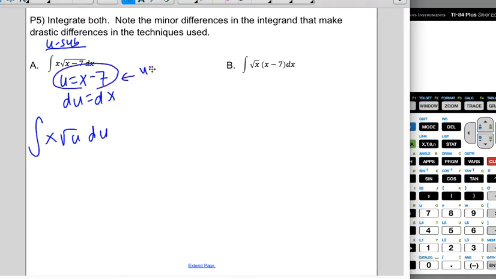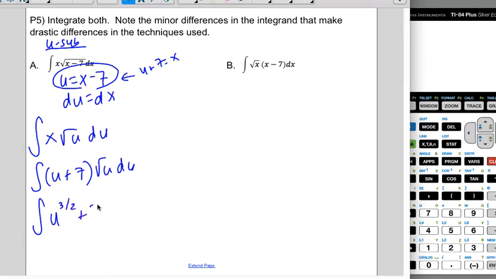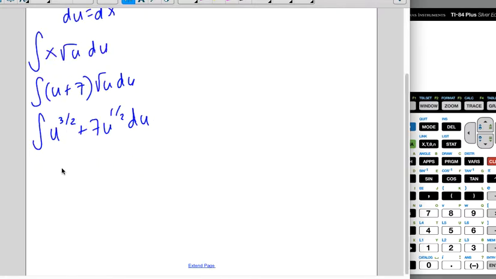I'm going to solve and get u plus 7 is my x, and I'm going to have to replace this with a u plus 7. Notice that now I'm able to distribute this, and I'm going to get that this is a u to the 3 halves plus a 7u to the 1 half du, and now I can integrate. So I'm going to up the power by 1 and get u to the 5 halves, and then times by 2/5, because that's the same as dividing by 5 halves.